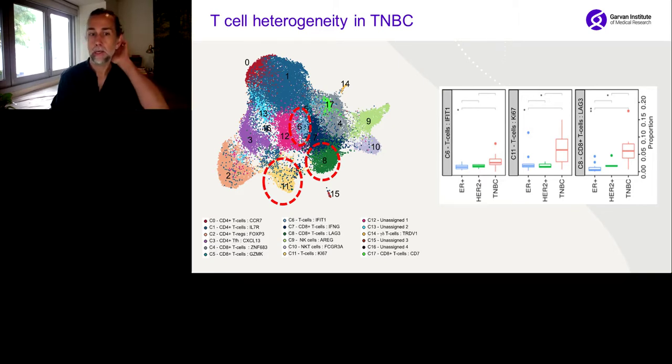And finally, a population in cluster 8 here with many markers of T-cell exhaustion. And it's interesting because these 3 populations are really the populations that we would associate with a tumor that's got some kind of anti-cancer T-cell activity. So again, perhaps starting to explain why triple-negative breast cancer has some response to immunotherapy.